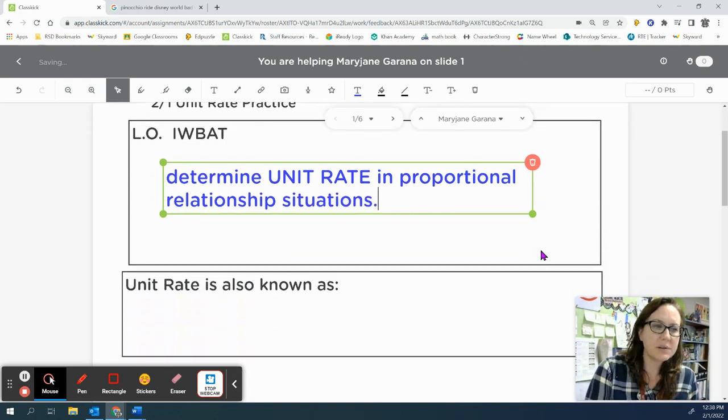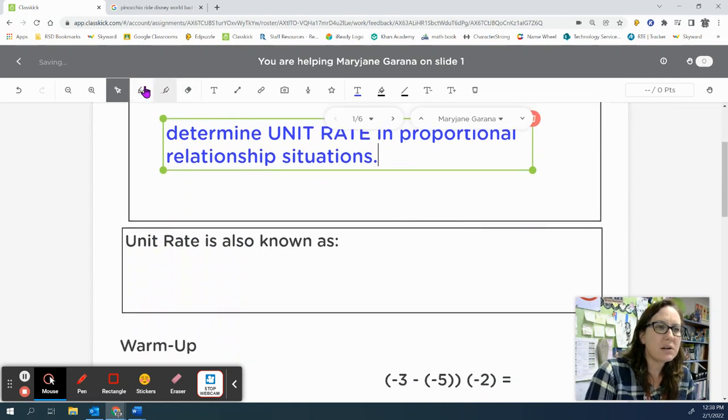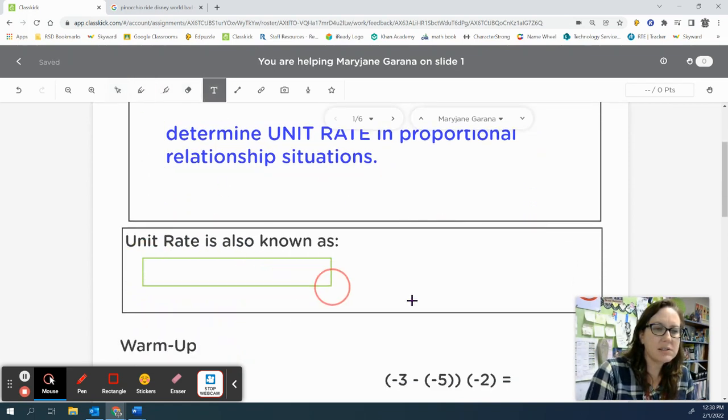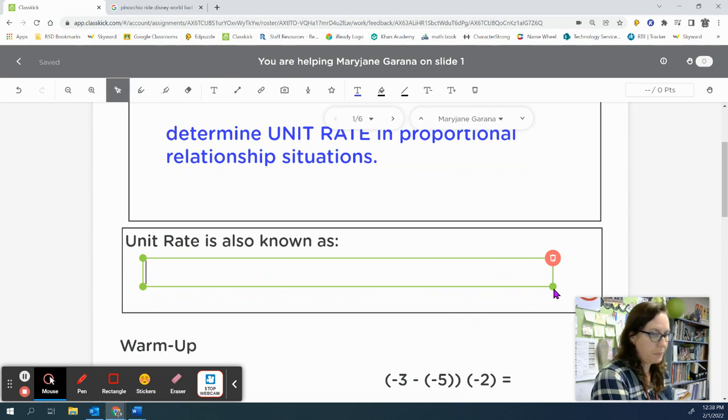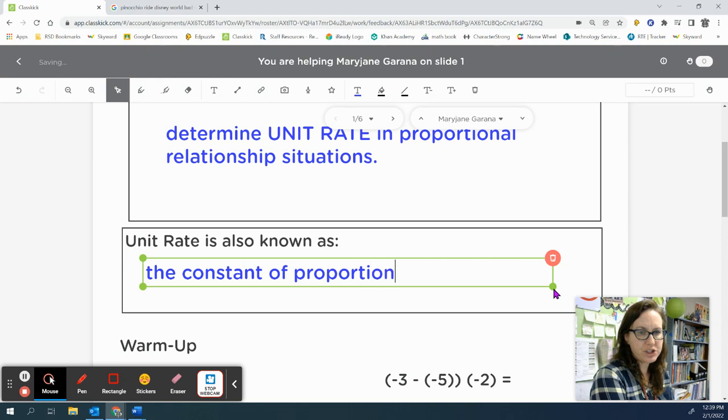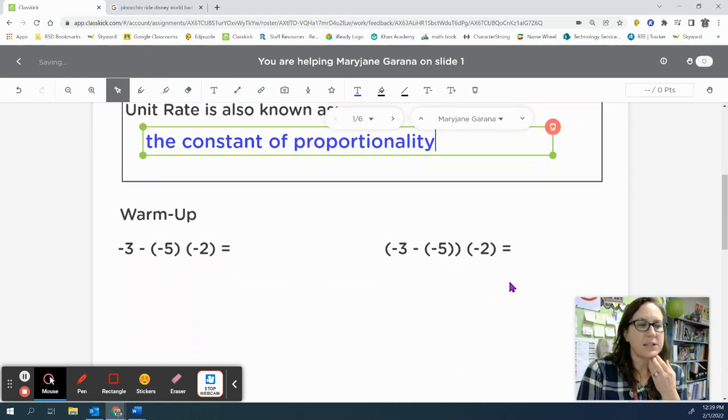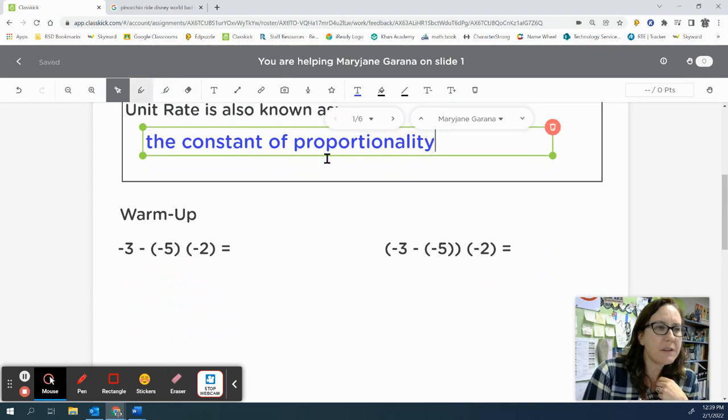Basically, you're finding unit rate. Unit rate is also known as the constant of proportionality. Crazy. Constant of proportionality.